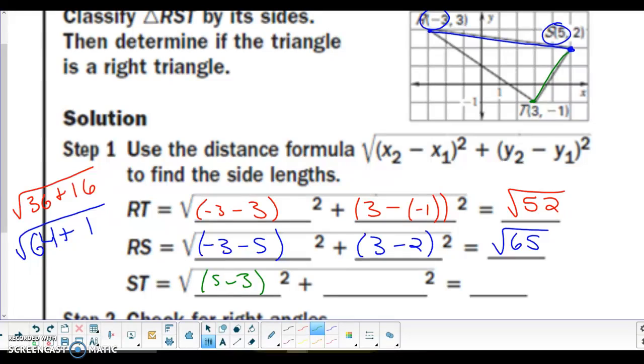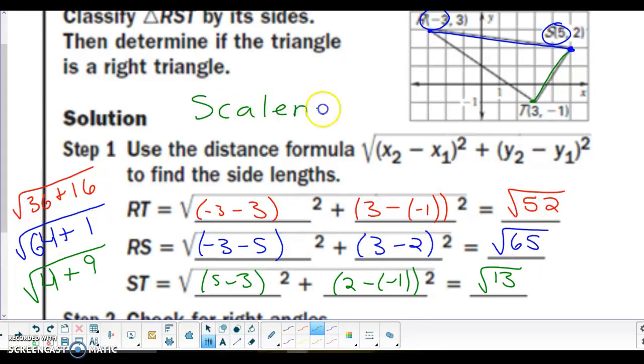And then y minus y would be 2 minus -1, which simplifies out to 5 minus 3 is 2, 2 squared is 4, plus, what's 2 minus -1? 3 squared is 9, 9 plus 4 is the square root of 13. All three sides were different, so we have proved that this is a scalene triangle.